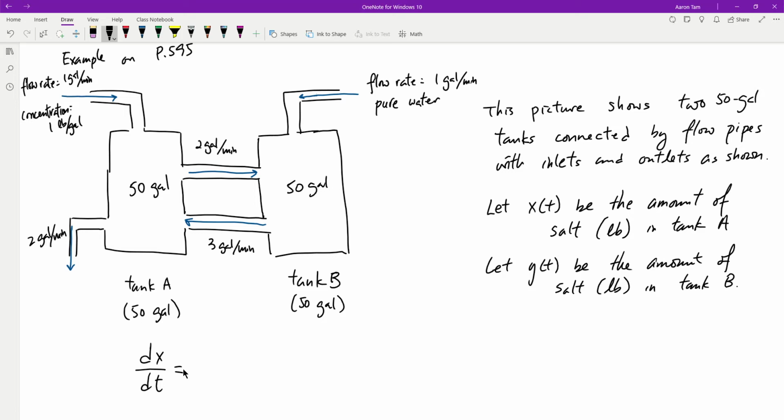expression here. So if I look at this, first of all, we know that there is salt going into the tank, which is 1 gallon per minute multiplied by 1 pound per gallon.